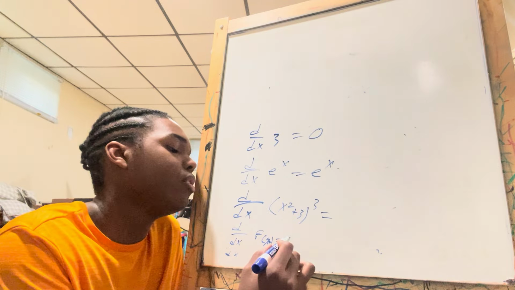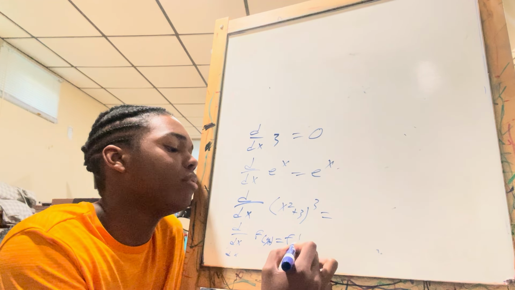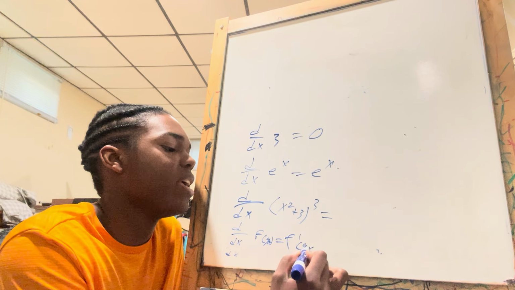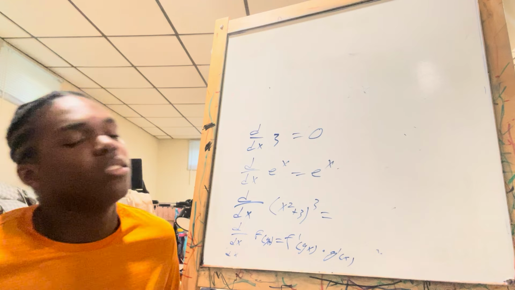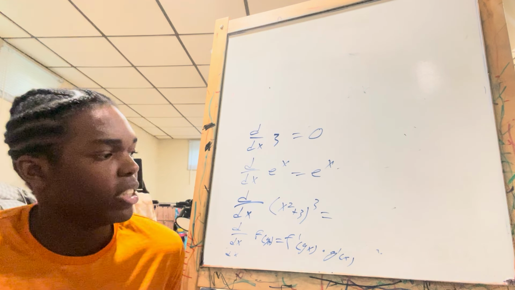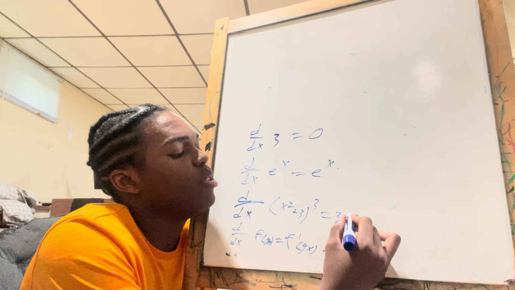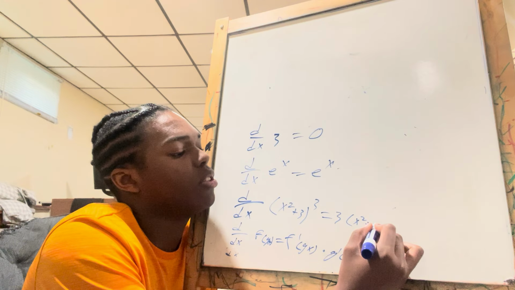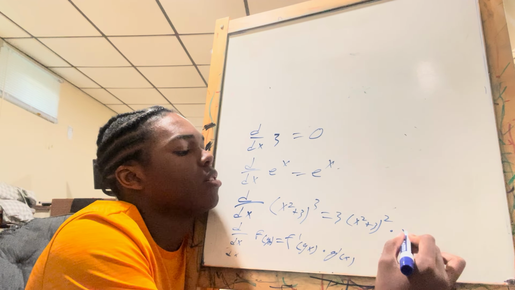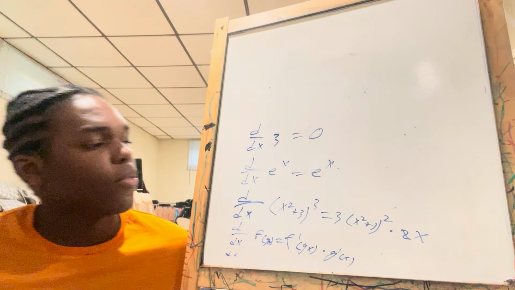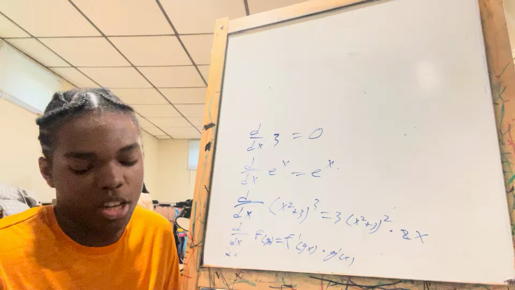That would just be the derivative of f of g of x times the derivative of g of x. So it's like a nested kind of function here. So in this case, it would be 3 times x squared plus 3 squared, and then it would be times 2x. So this would be the answer to that chain rule function.